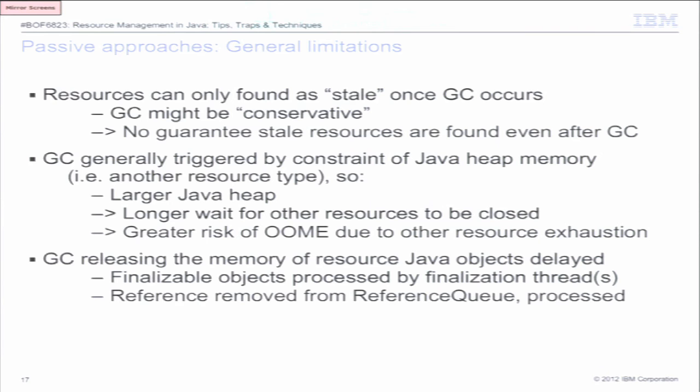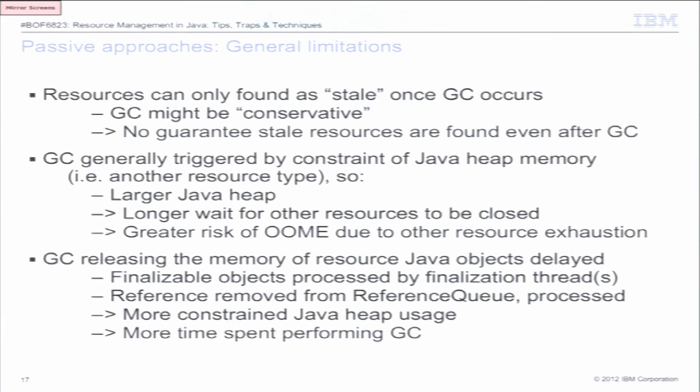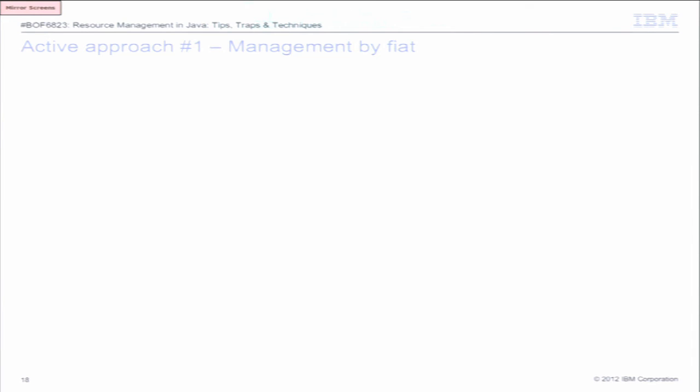References need to be removed from the reference queue and whatever processing done for them before their memory gets freed up. So the result is that you get more constraint on the Java heap and more time is spent performing GC. So on to active approaches.